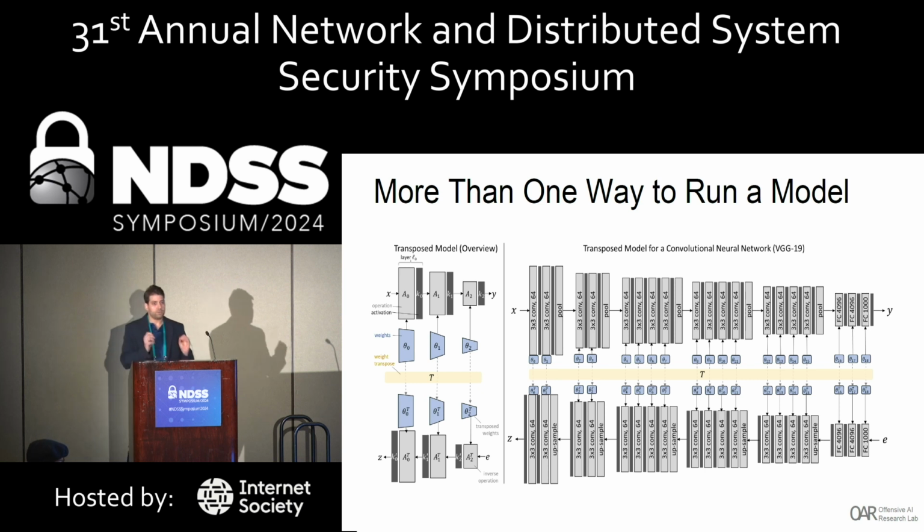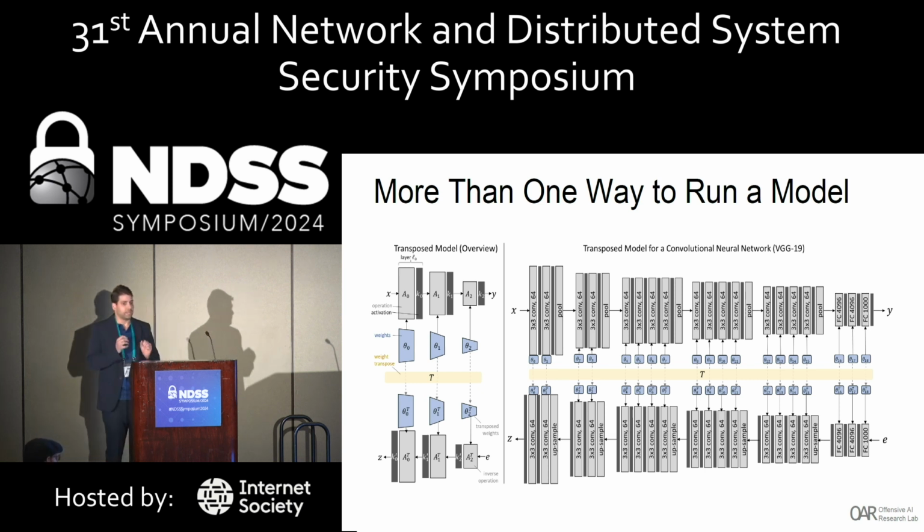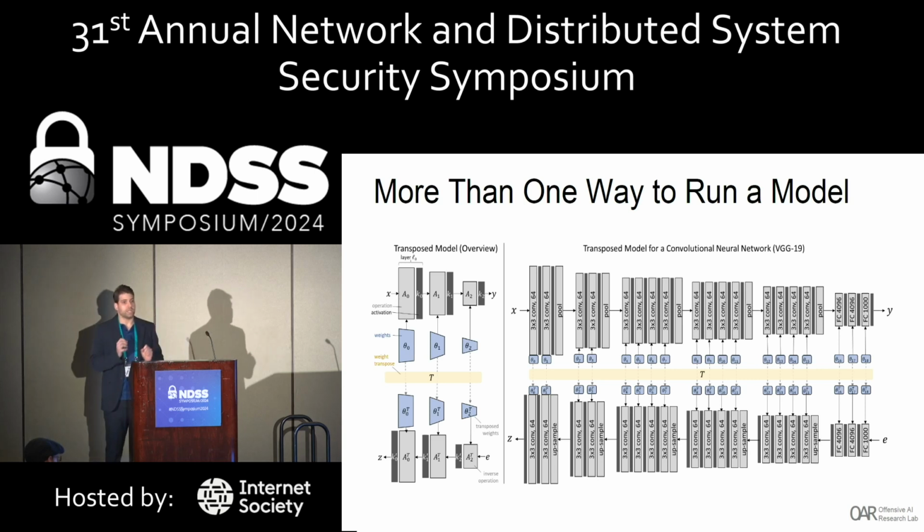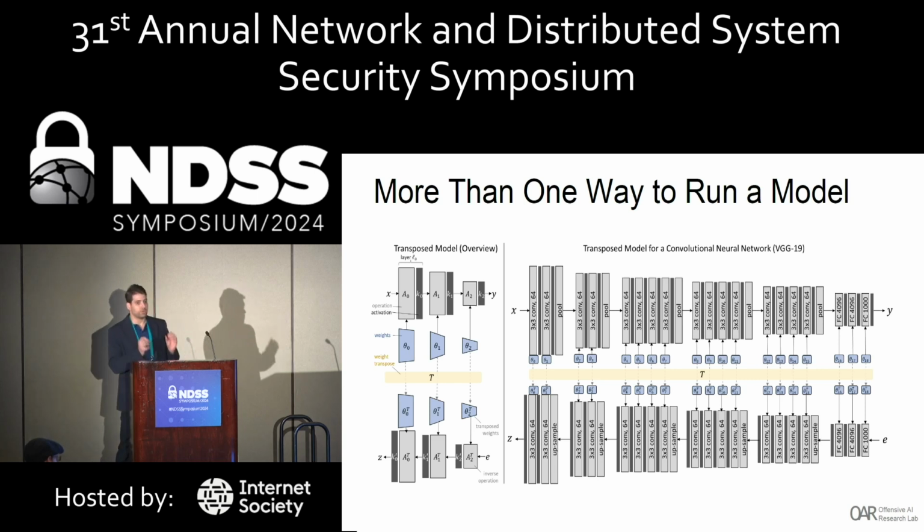In its transpose operation, the VGG19 processes an input query E using first the series of fully connected layers in their transpose operation, followed by the transpose operation for the convolutional layers.